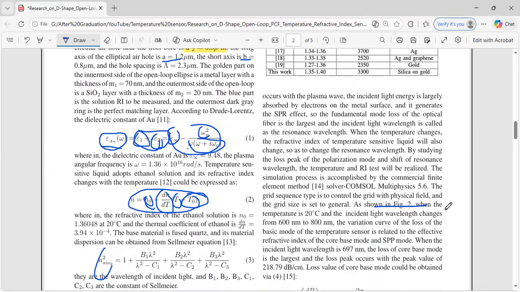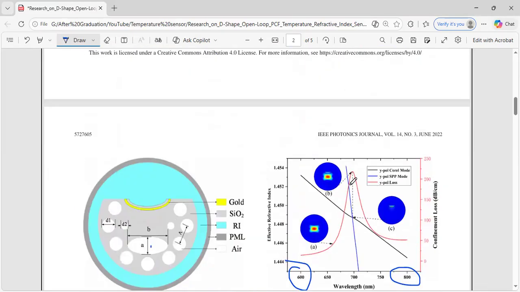Okay, in figure 2. Okay, yeah. They simulated for 20 degrees Celsius. So yeah, this curve is for 20 degrees Celsius, and this is the effective index, and this is the confinement loss. They put the confinement loss in the secondary axis, and in the primary axis they put effective index.